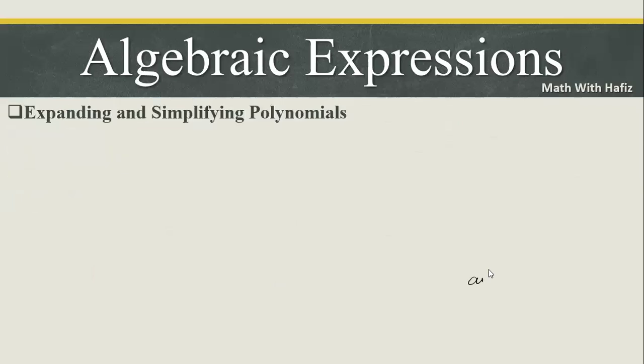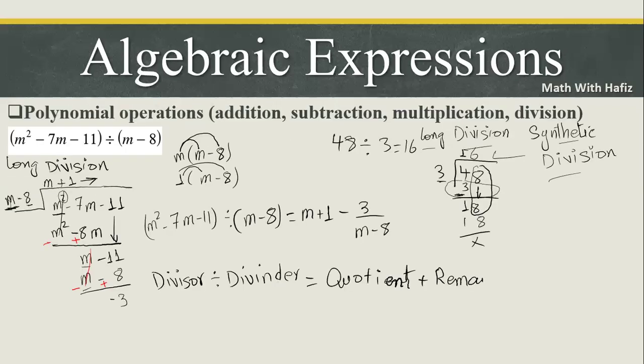I'm sorry, I have to go back. Remainder divided by divisor. Sorry, it was divisor. The divisor is the thing inside. I just made a mistake.